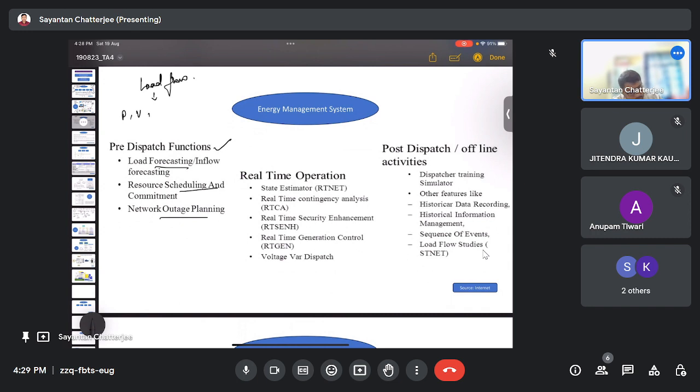PV buses, PQ buses, and the slack bus. For the PV buses, the generators are connected; generally, generators should be there for voltage support. And the PQ buses are mainly the load buses.